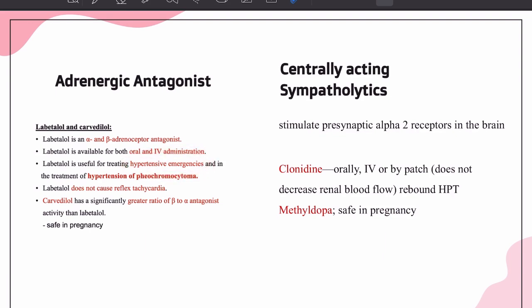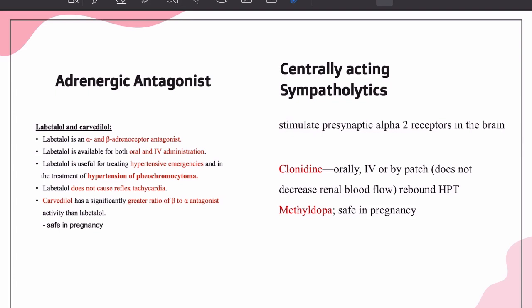This is similar to the ACE inhibitor enalaprilat, where we said it can be given as enalapril, which is the oral prodrug form, or it can get activated and we can give it as IV administration for hypertensive emergencies, like labetalol.